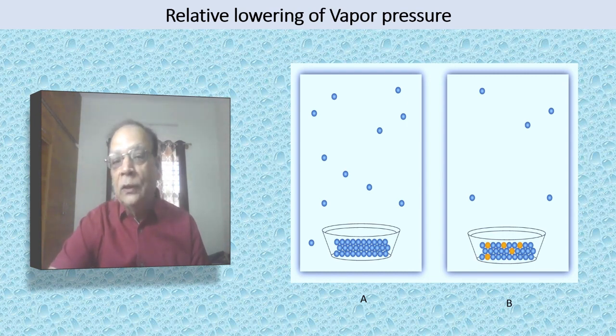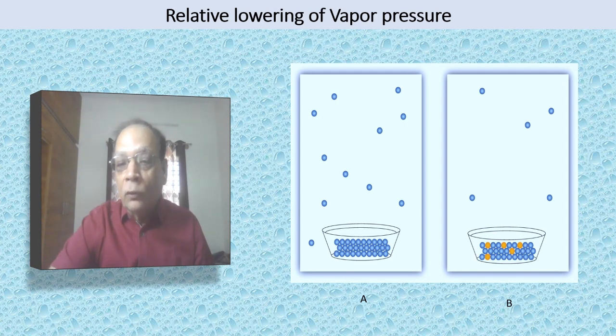In part B of the same diagram, you can see that the surface of the liquid is occupied by some non-volatile particles from a non-volatile solute dissolved in it. And therefore, blocking the surface to a certain extent creates a lower vapor pressure here, because fewer molecules escape into the space provided.